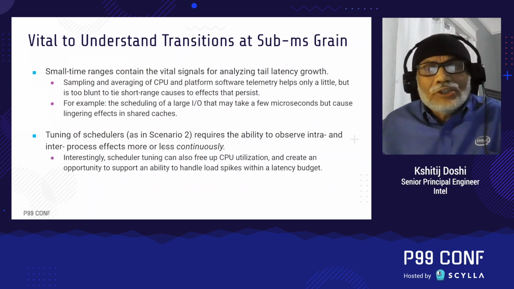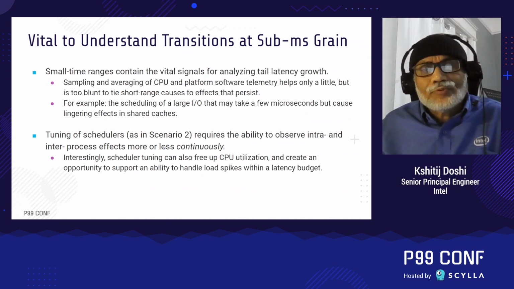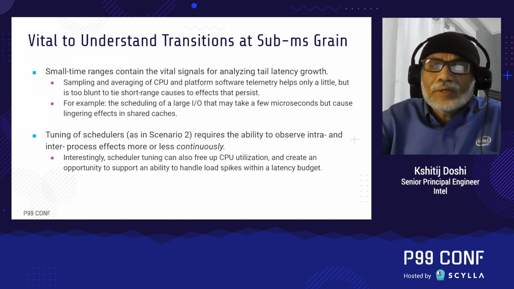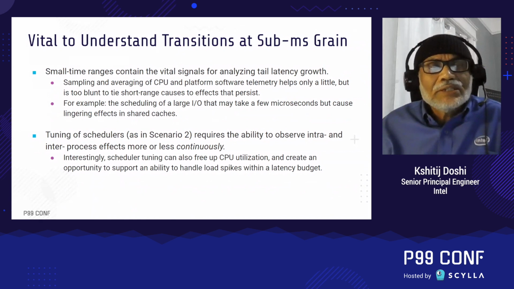So the upshot of these two types of transitions related latency points is that very often it is the sub-millisecond effects that have an outsized effect, and thus small time ranges contain the vital signals for analyzing tail latency growth.